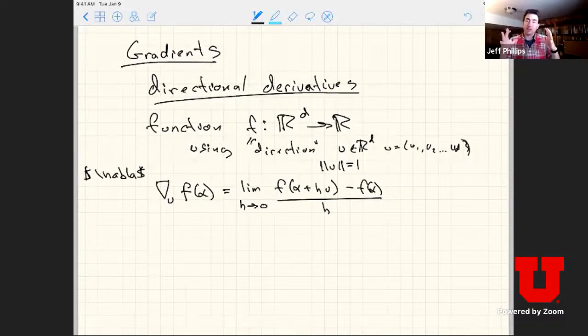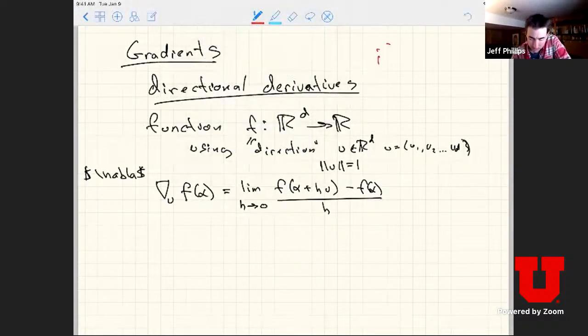So now I'm in d-dimensional space. I want to get back to a one-dimensional setting, which is easier to think about, and I can do that by using a directional derivative. I can just worry about the derivative in this one direction. We're going to worry about differentiable functions, where this is always defined.